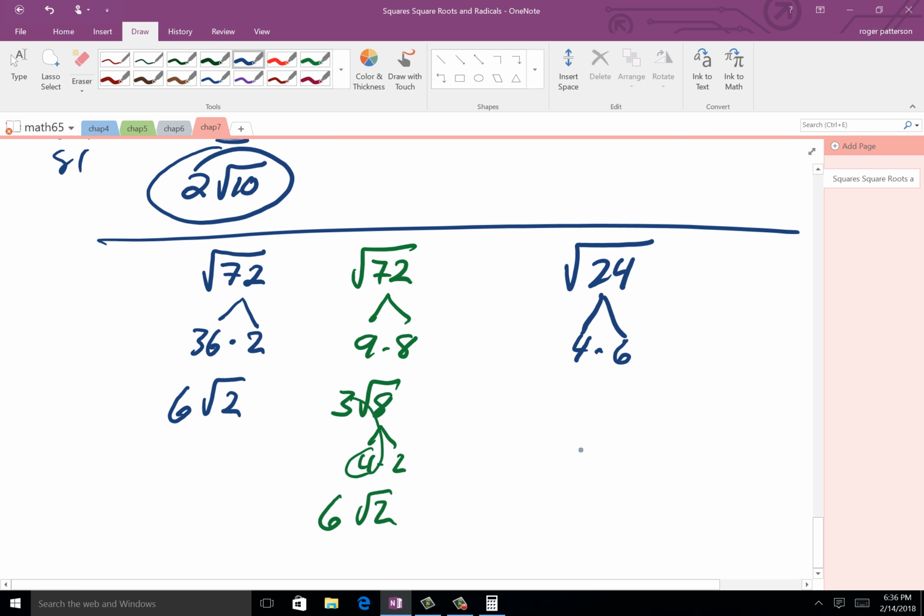Okay, so what's this gonna equal then? Square root of 4 is 2. 2 goes on the outside. 6 stays on the inside. Okay, 2 square roots of 6. All right.